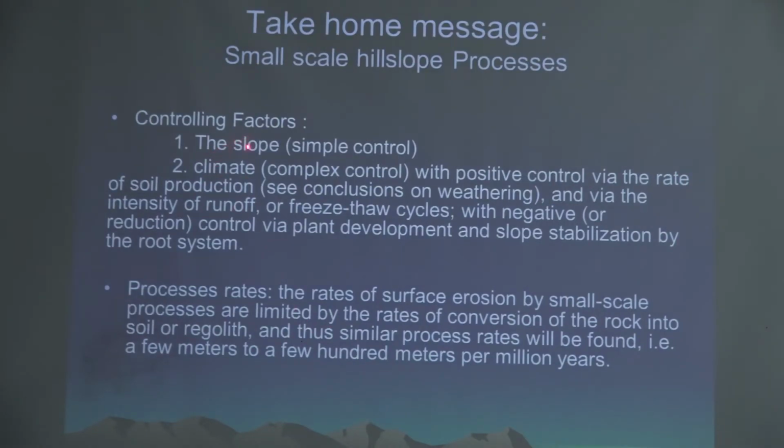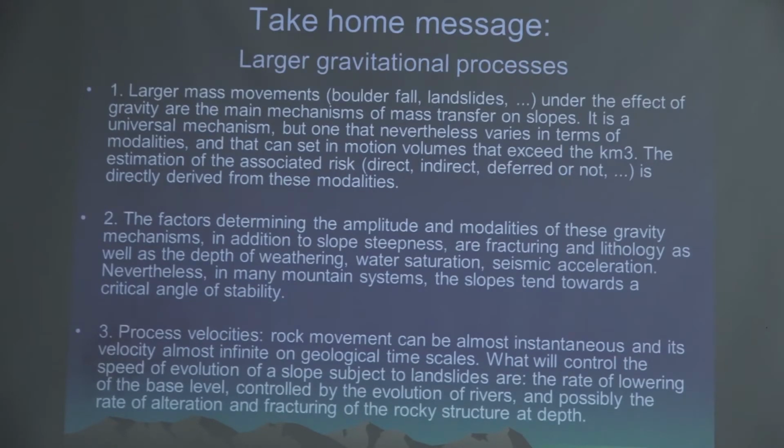So controlling factors: first one, slope, obviously because of gravity. Second, climate, and also seismic acceleration. And remember, small-scale processes like diffusion are limited by the rate of conversion of bedrock into soil.